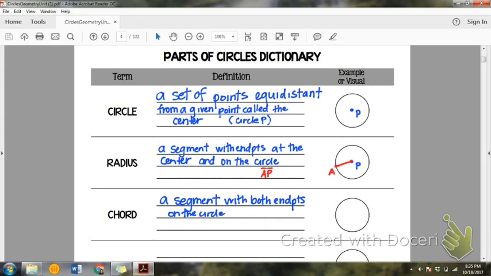A segment with both endpoints on the circle. So I might have something that looks like this. J, K. So I know that this would be a chord, segment JK, if I labeled it. Okay?